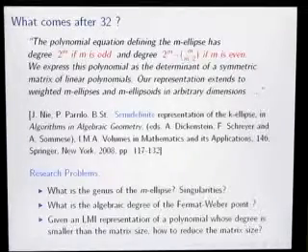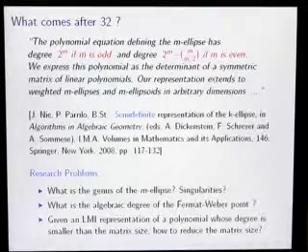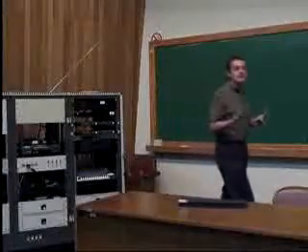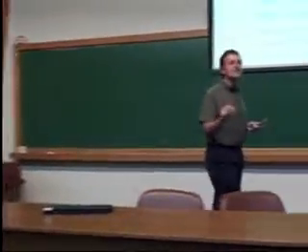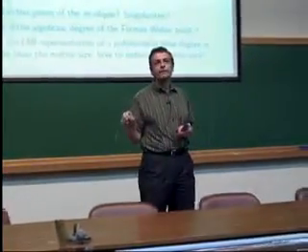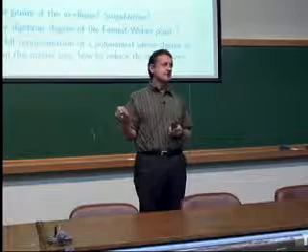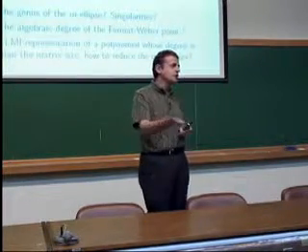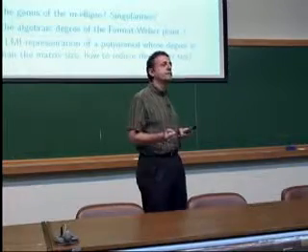Now here's one that's very embarrassing. I don't know the algebraic degree of the Fermat-Weber point. I don't know even for 5 cities. So suppose you have 5 cities in the plane, and you calculate the Fermat-Weber point, the unique point that minimizes the distance sum. Then the coordinates of this point will be an algebraic function of the 5 given points.